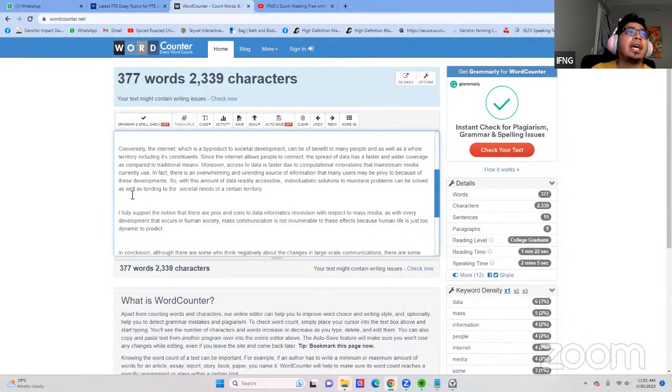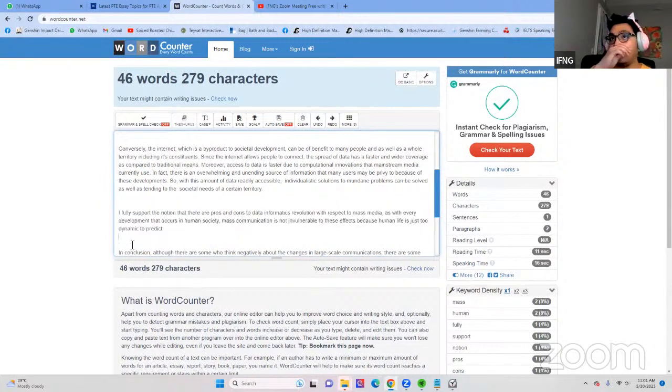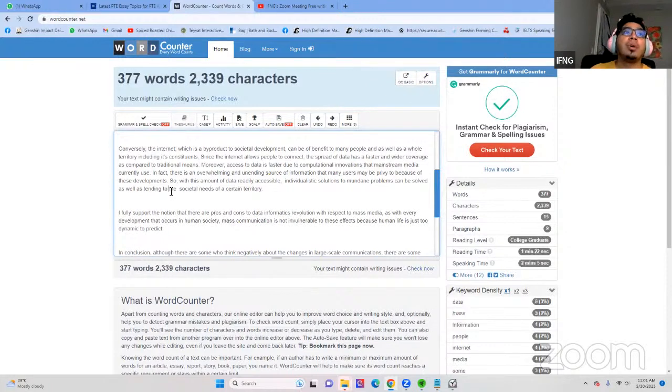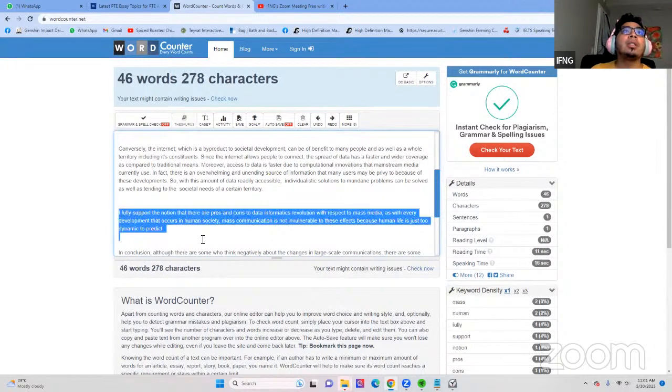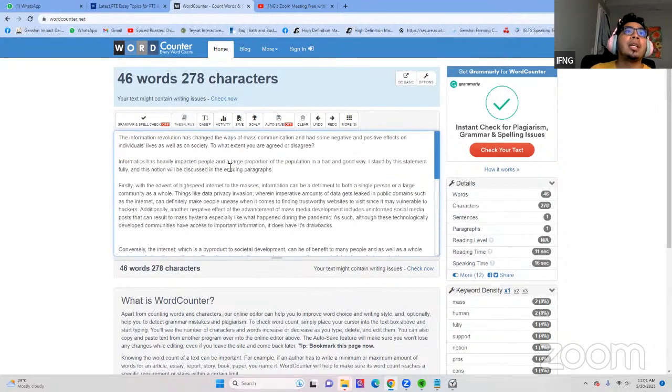But from what I can gather, from what I've read in many essays during my time teaching both IELTS and the PTE, I noticed that they always include the person's extent of why they agree or disagree.